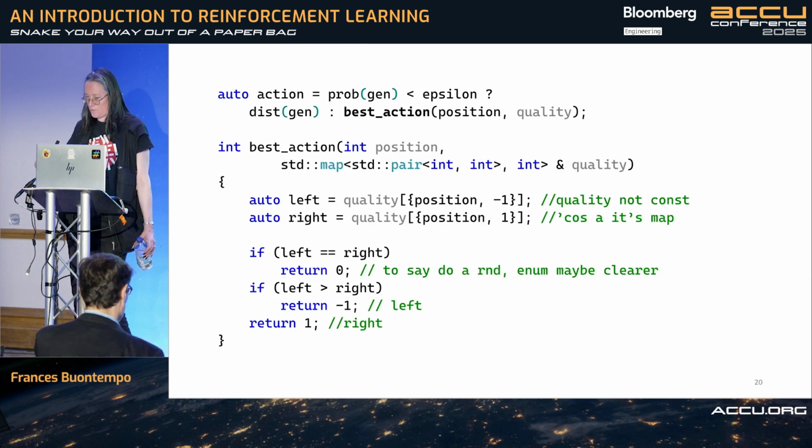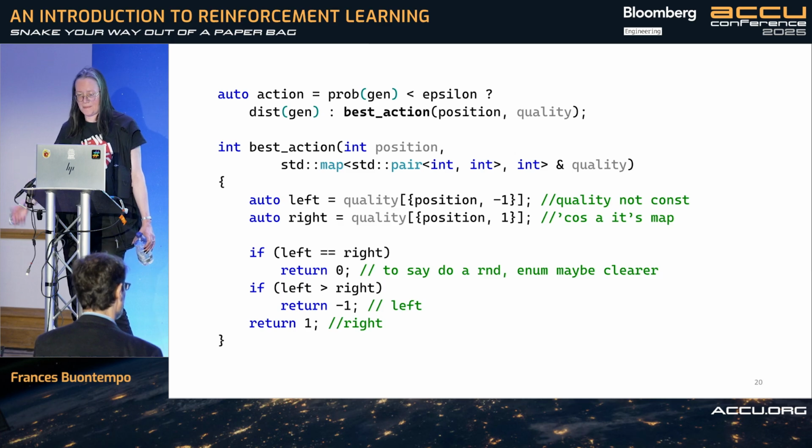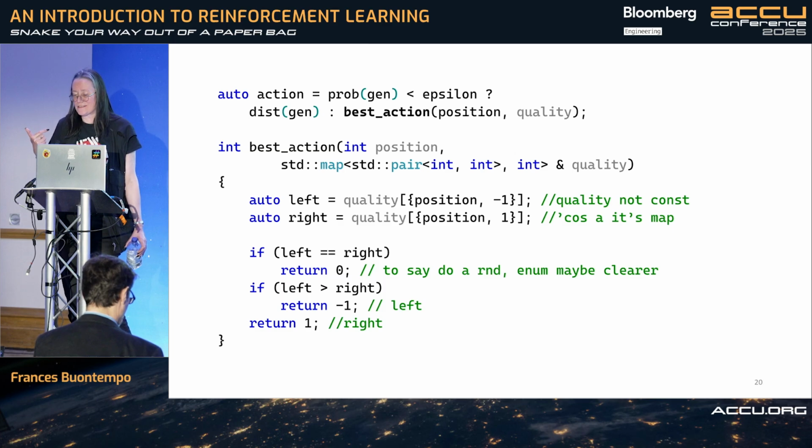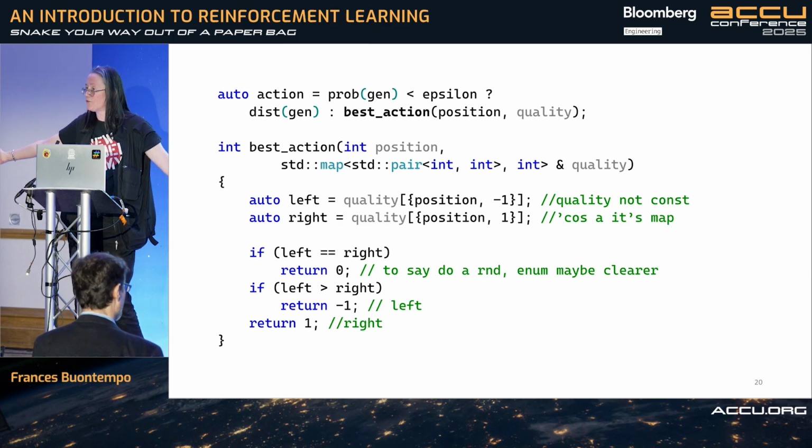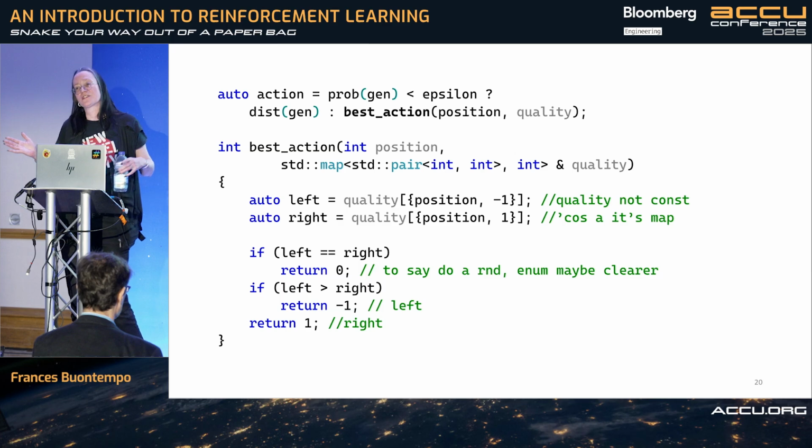So now I've got my new function for picking a best action. So it looks up, well, if I go left, what reward did I get last time? Or if I go right, what reward did I get last time? I say last time, you can actually stack up all the rewards over all of time, or you could do a sliding window over just the last few, which is more suitable for that dynamic changing environment.